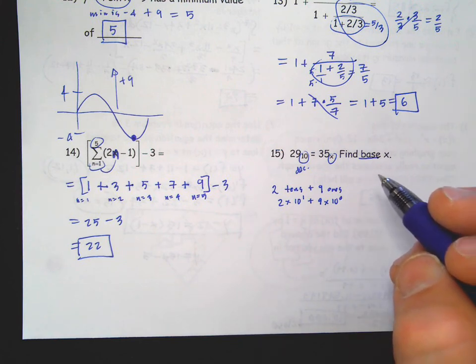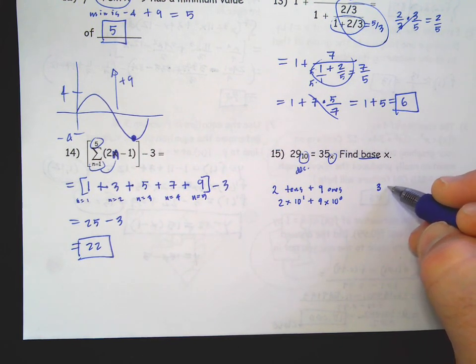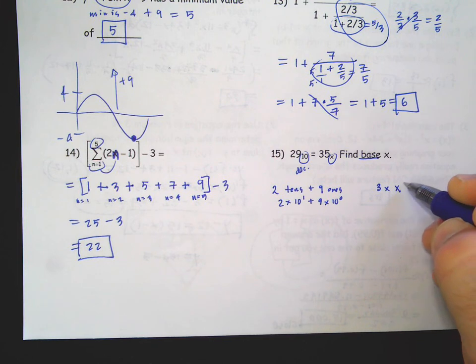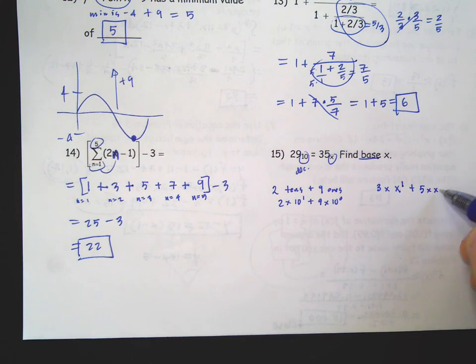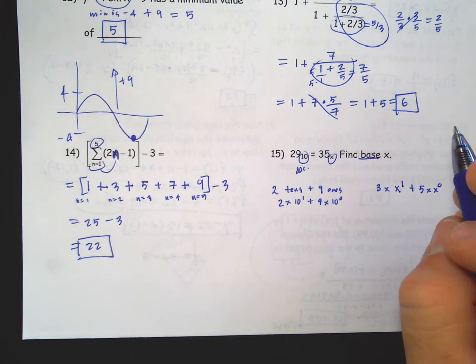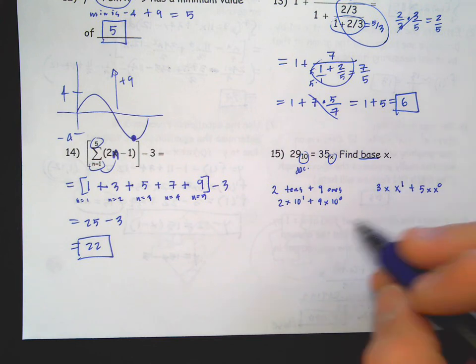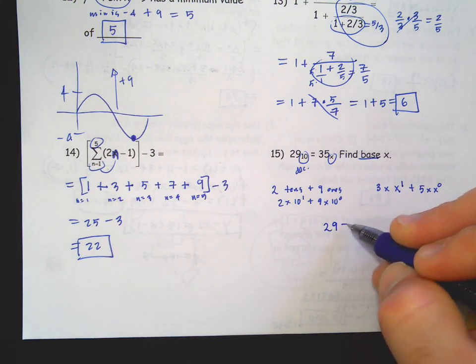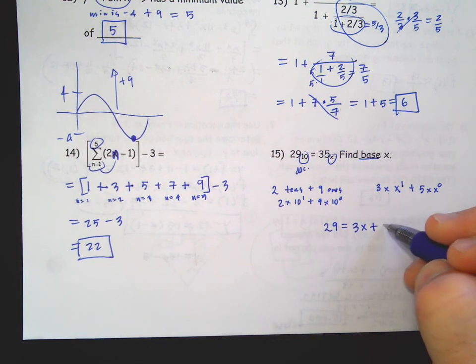So over here, we're going to do 3 times x to the first plus 5 times x to the 0, right? Now, if I write this, I could say, well, this is 29 equals 3x plus 5.